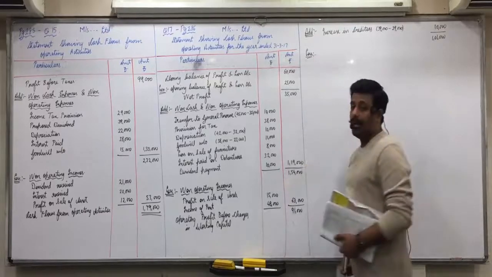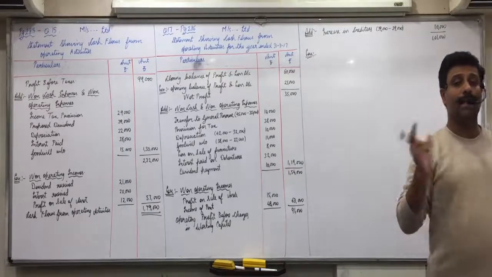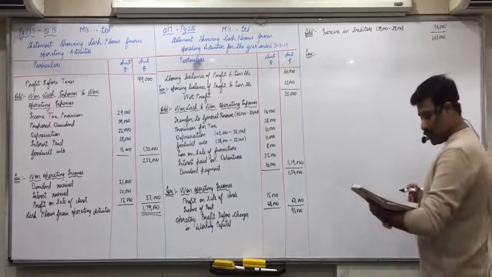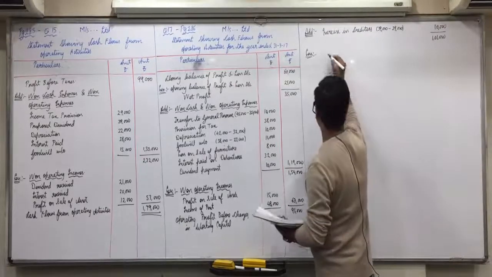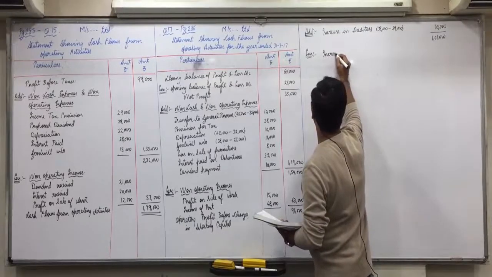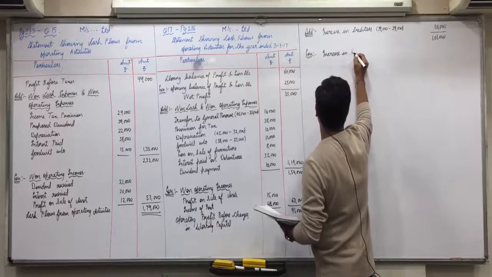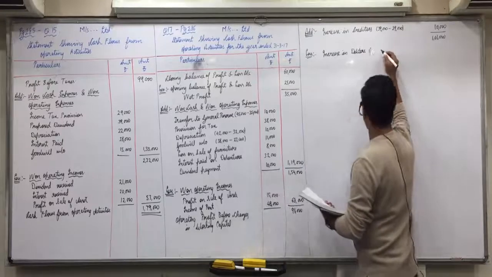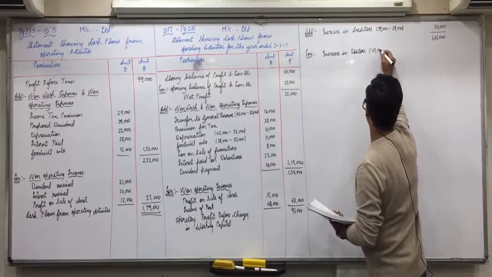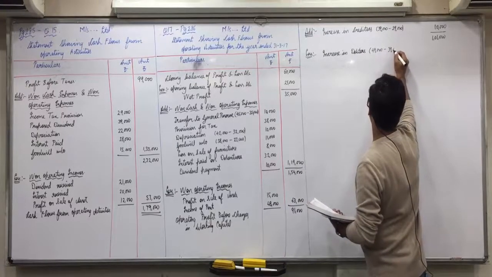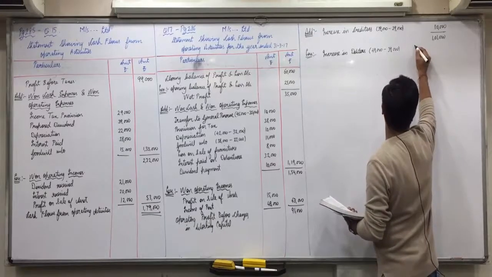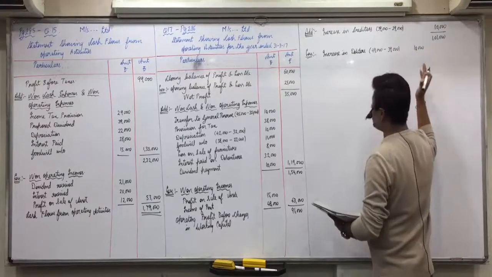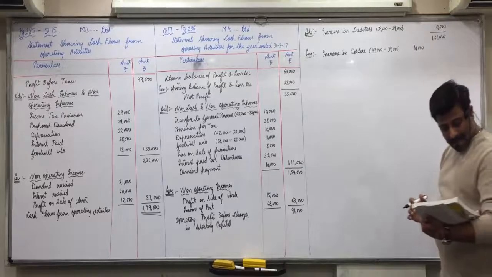Less. Now in CA and CL, O minus items. So increase in debtors, 49,000 minus 39,000, 10,000. In our column, because here we have more items.